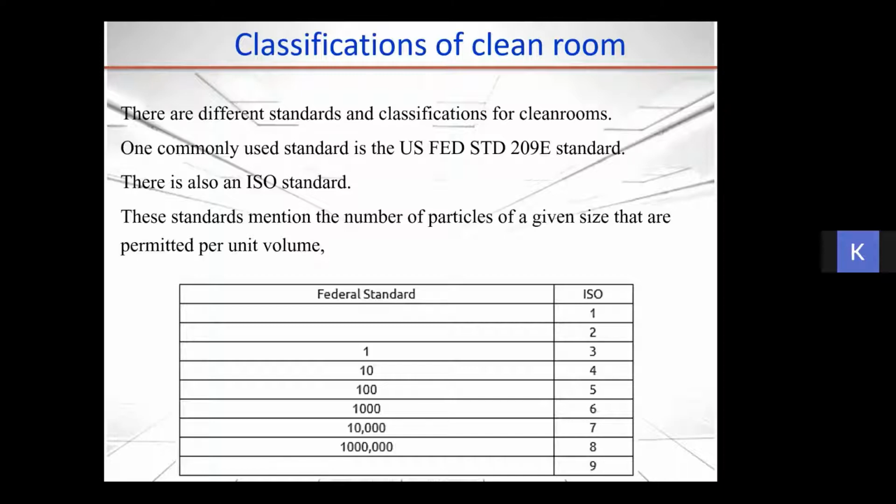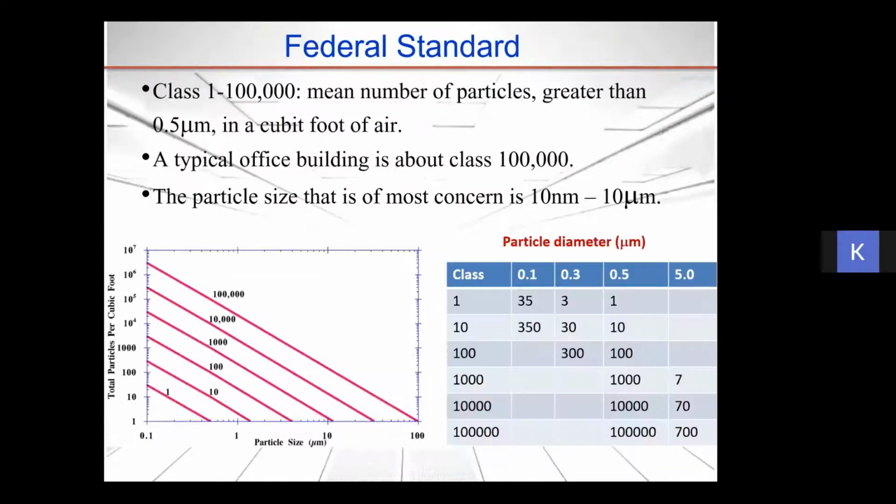Now for the federal standard, it is very easy to understand, because this number designates the number of particles per cubic foot of the volume of the room, having particles of size more than 0.5 micrometer. So that's very easy.